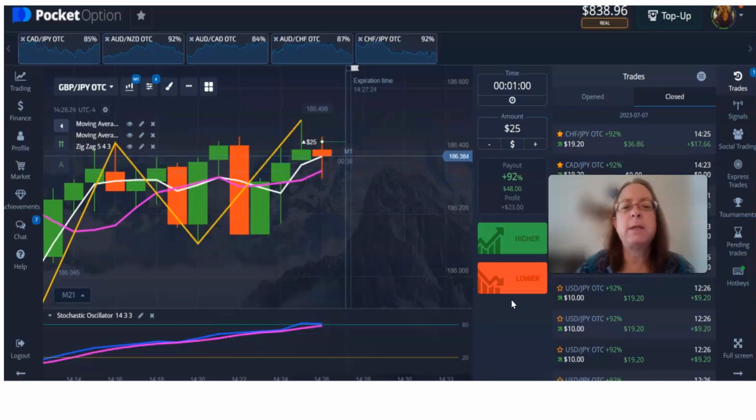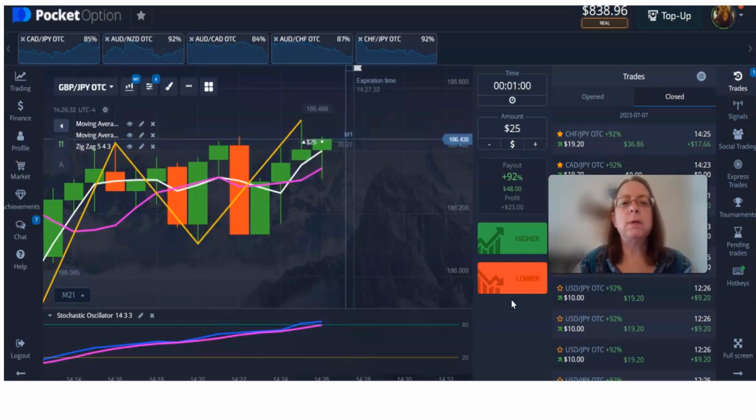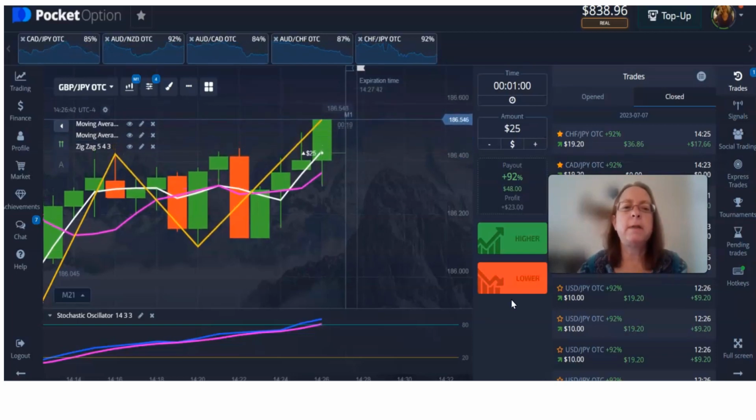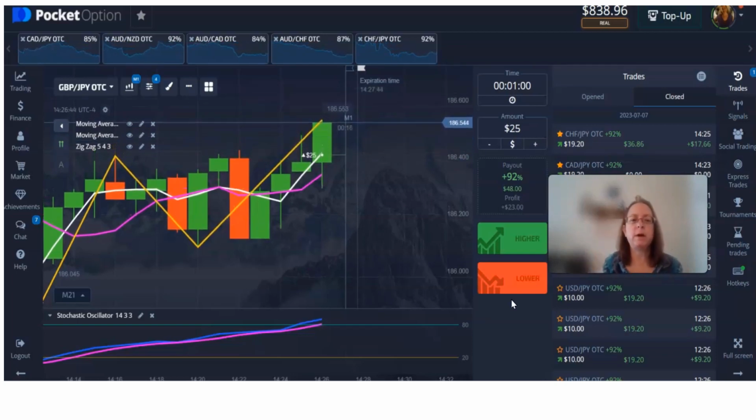If it doesn't, you know what? Tomorrow's another day to trade, but it looks like it's going to keep going up. And we'll see what happens. There it goes, and there's the continuation of the zigzag saying that it's going to continue.